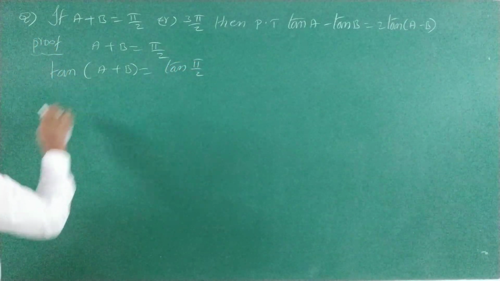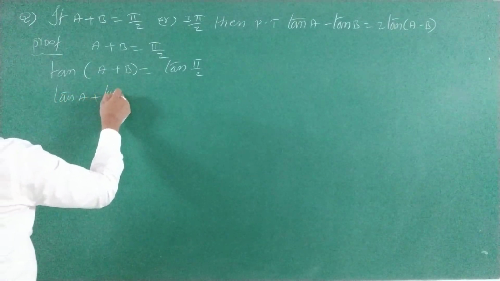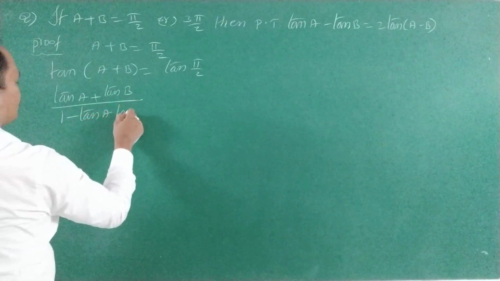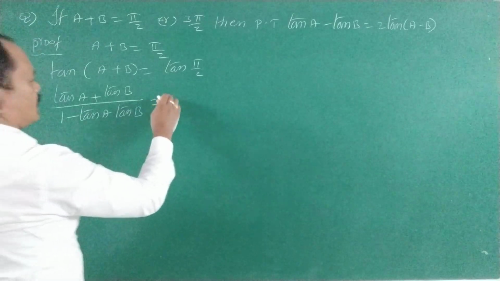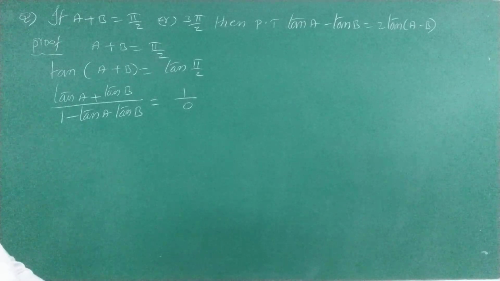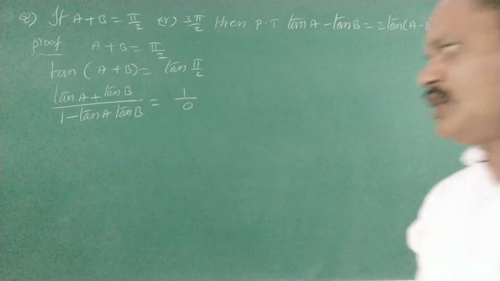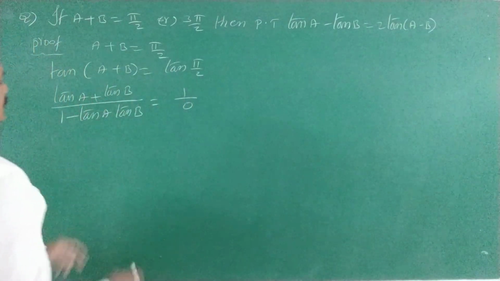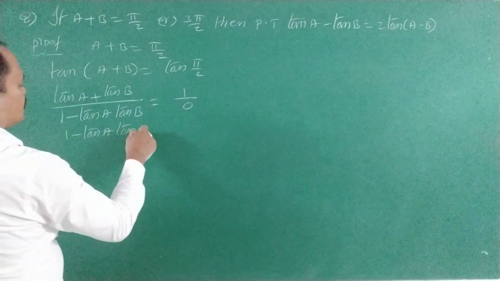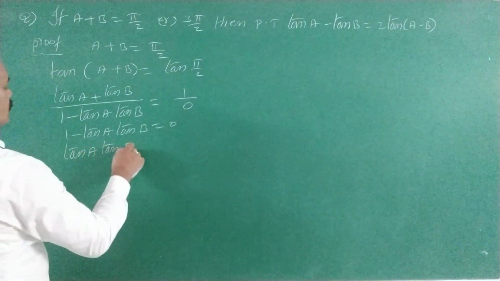Now it is (tan A plus tan B) by (1 minus tan A tan B) is equal to tan 90, which is undefined, that is 1 by 0. Now after cross multiplication, 1 minus tan A tan B is equal to 0. That's why tan A tan B is equal to 1.